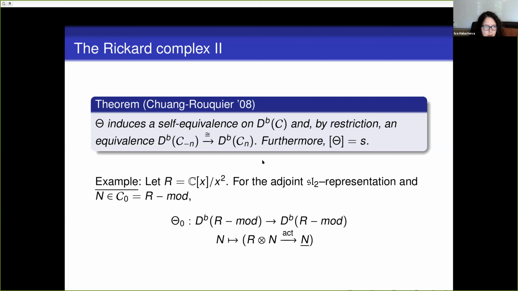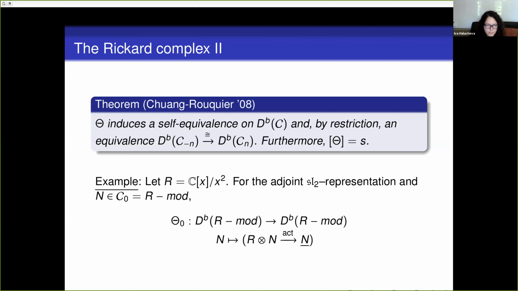So looking at this equivalence when n equals 0, then remember that the categorification we saw earlier had C0 being modules over this ring, and this theta 0 is given by, so for any R module n, it maps it to the complex R tensor n to n, where n here is in homological degree 0, and the map is given by the action of R on n. So this is one example of this Rickard complex.